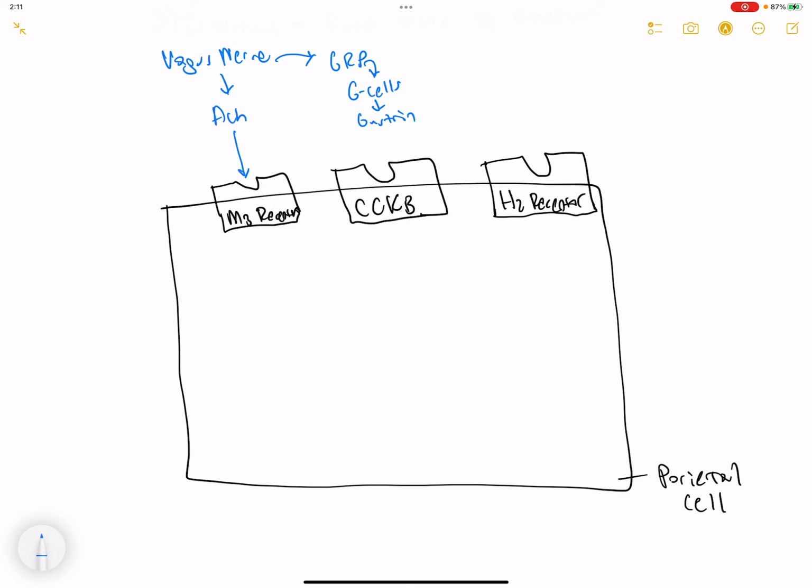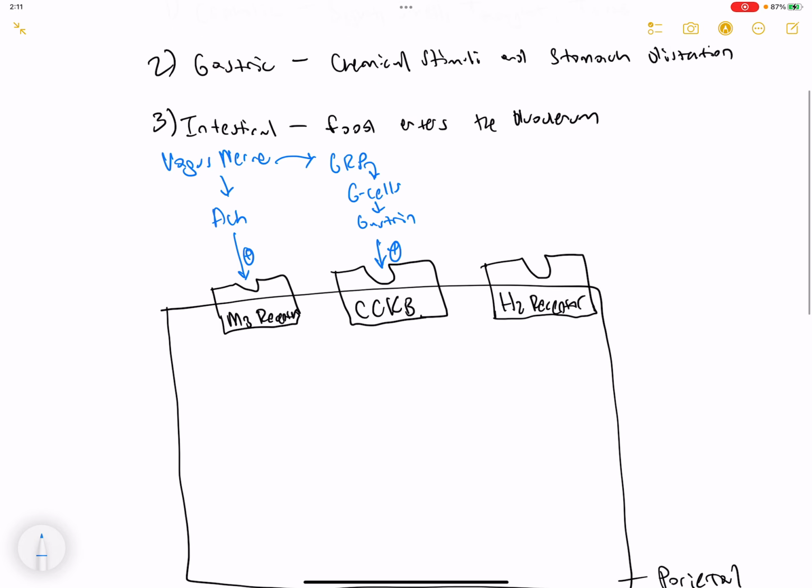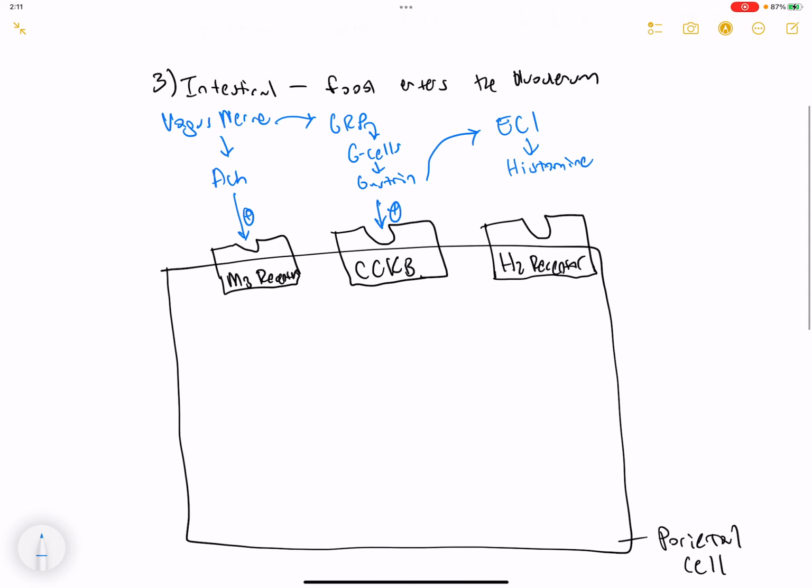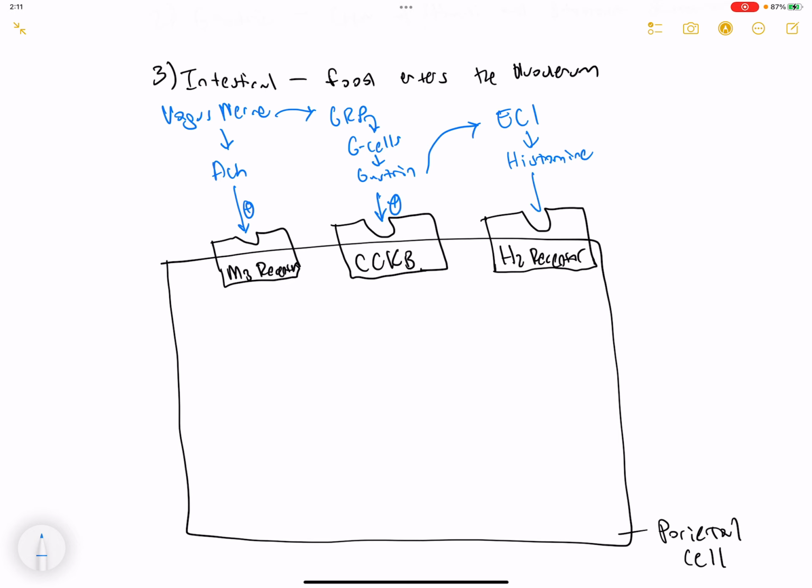And then gastrin can act on CCKB receptors to stimulate it. It can also stimulate ECL cells. And ECL cells are important for the production of histamine. And histamine will stimulate H2 receptors.